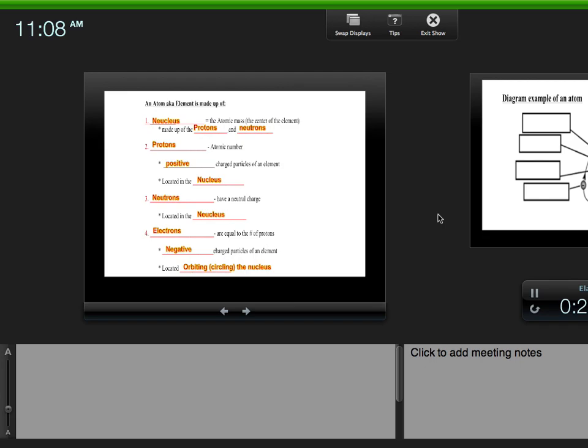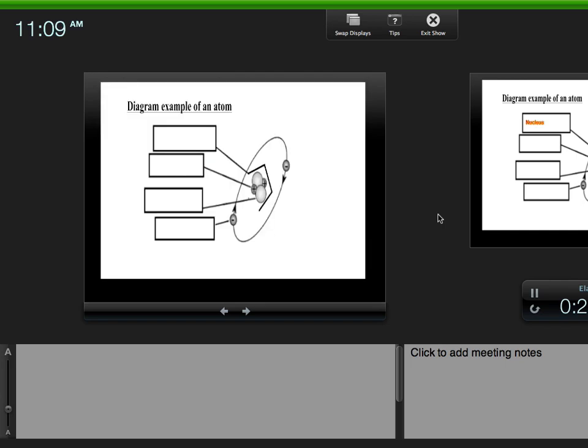Any questions about that? Okay, so then you have a picture. Now your diagram here is a diagram of an atom. Next to atom, you can put AKA element. So this will be a picture of an atom.